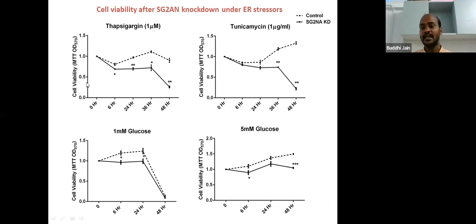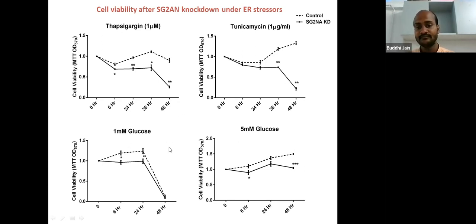For that, we did the MTT assay, and we found a very interesting result: compared to the control cells, the SG2NA knockdown cells show very low viability under ER stressors like thapsigargin and tunicamycin. We can clearly say that after treatment with tunicamycin for 48 hours, the cell viability is very low compared to the control cells.